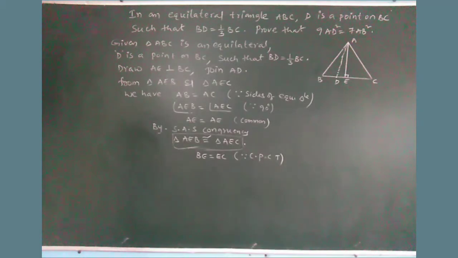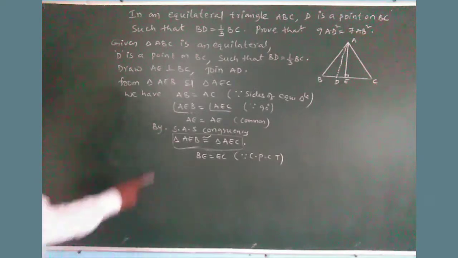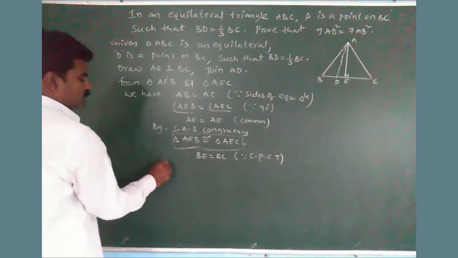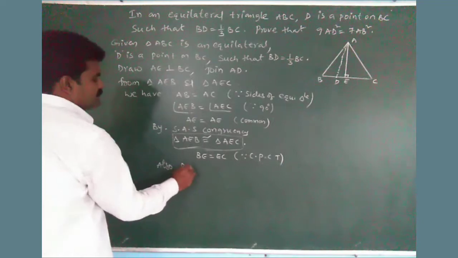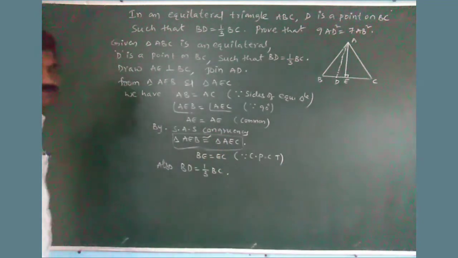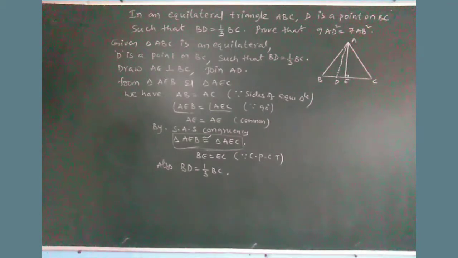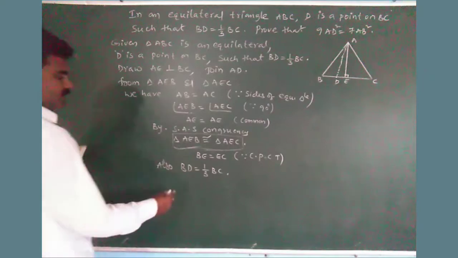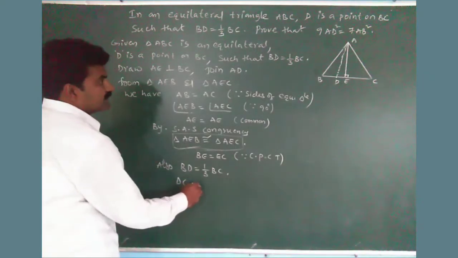Also given that BD is equal to 1/3 of BC. Now try to find out the DC length.